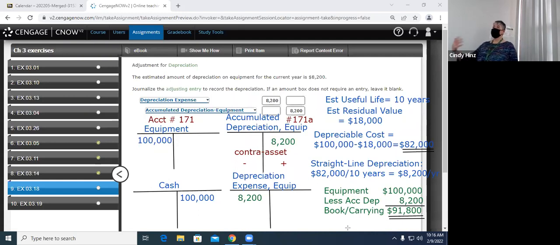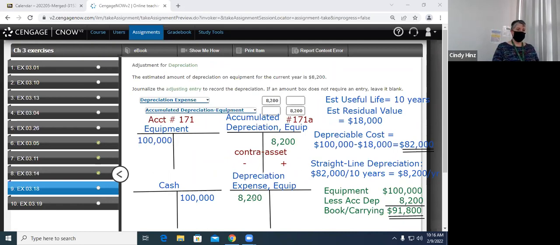Then we can see how much of that value has been used up or turned into cash. In this case, used up, recorded as expense. And then we can see what's left. The book or the carrying value is what's left. And that $91,800 book value is what would be included in our total assets.